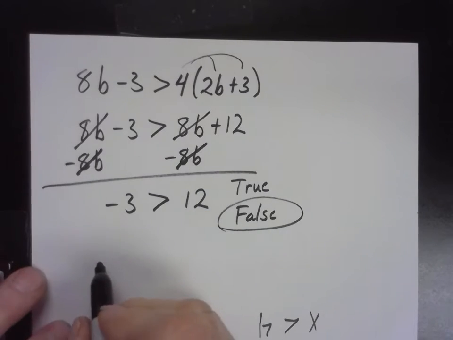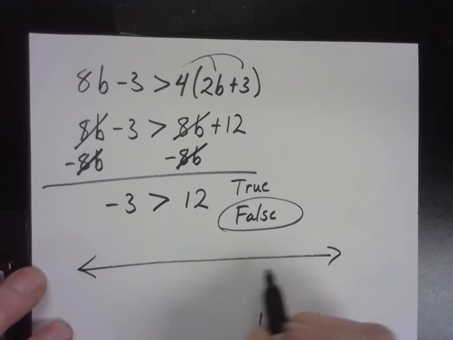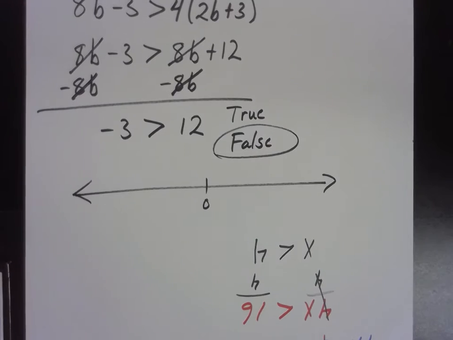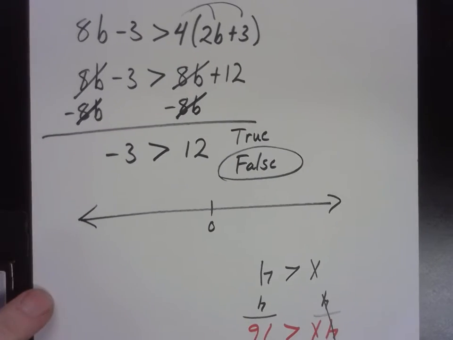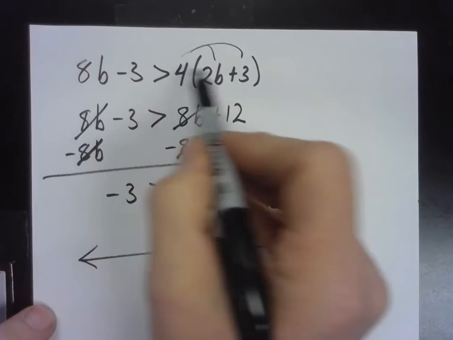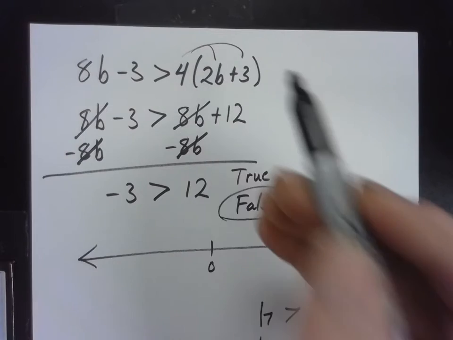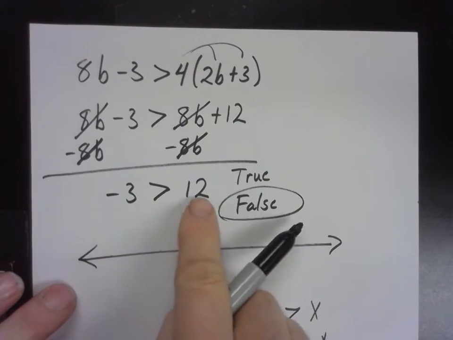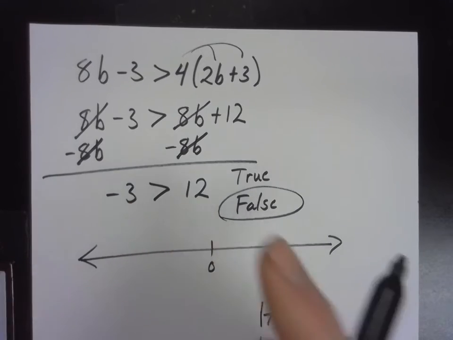So here's what the graph of it looks like. Nothing. There's nothing on the number line that can go in for B and make this thing true. Just like when you're solving an equation and you get a false statement. These are a little harder to tell if they're false or true sometimes, but you got it.